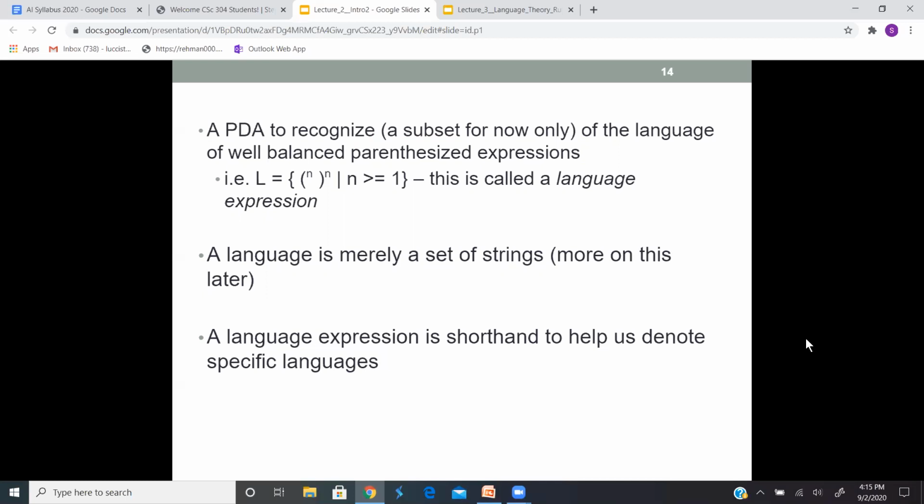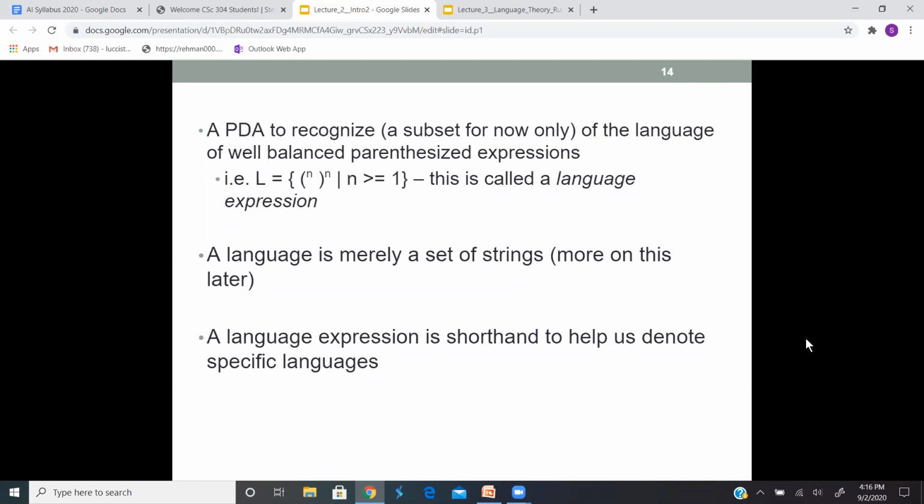Okay, no. So L, the language expression, is left paren to the N, right paren to the N. The vertical line should be read as "such that." If you like, you can say S period, T period, such that. So the language that we want to consider is left to the N, right to the N, N is greater than or equal to 1.